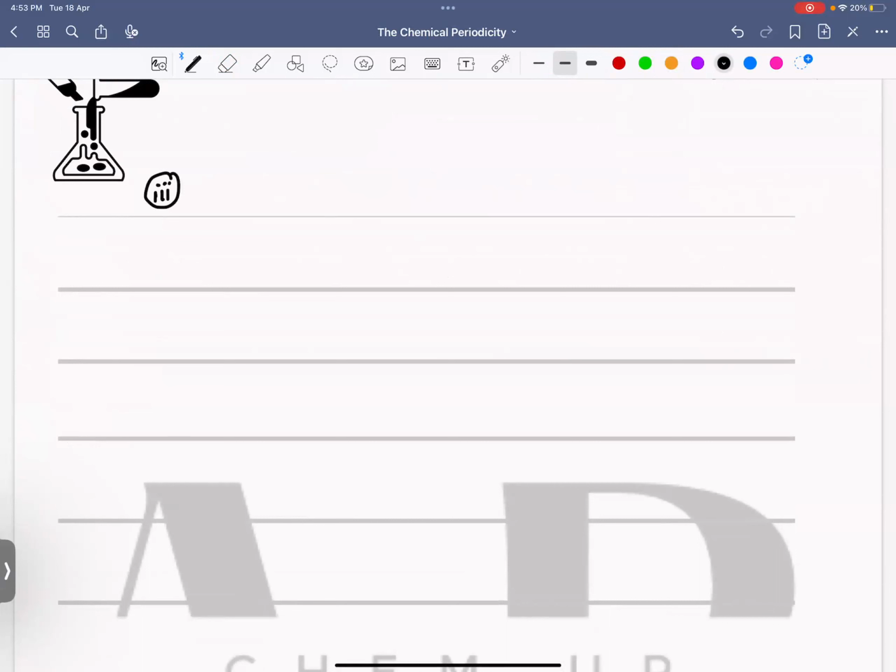Now the third one is the melting point. Okay.